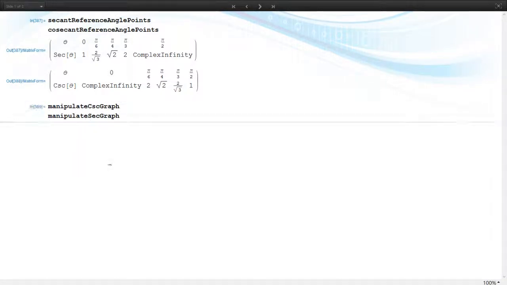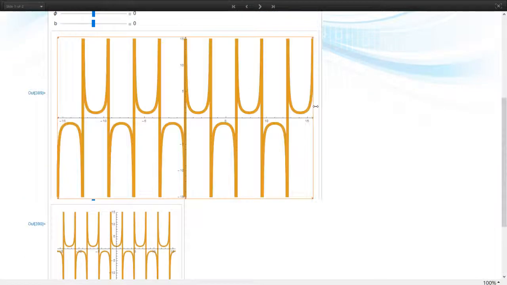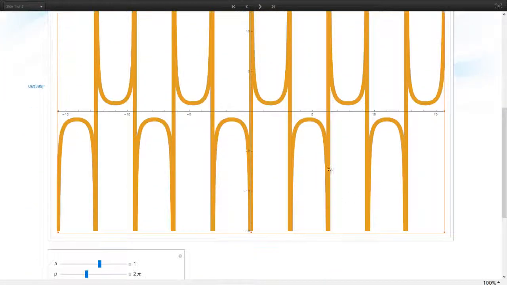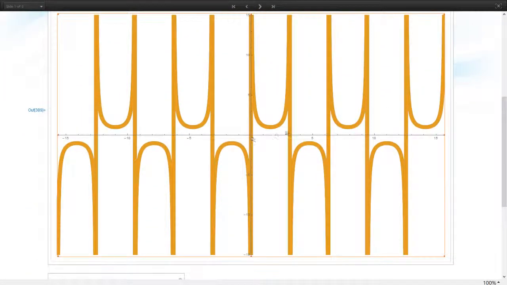So if we graph each of these, we'll look at these graphs one at a time. Our cosecant graph has asymptotes at multiples of pi, just like our cotangent graph did.